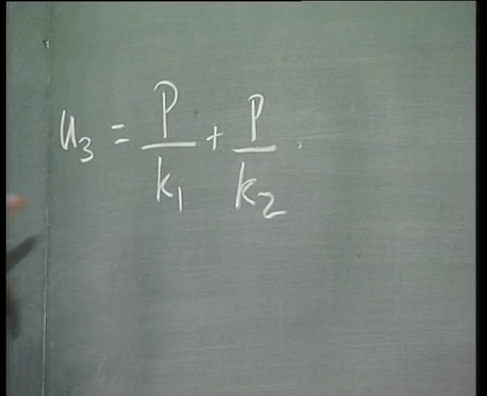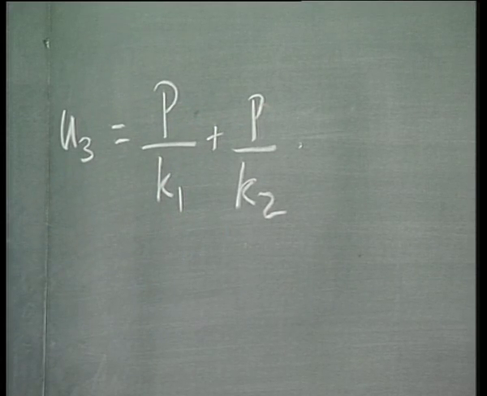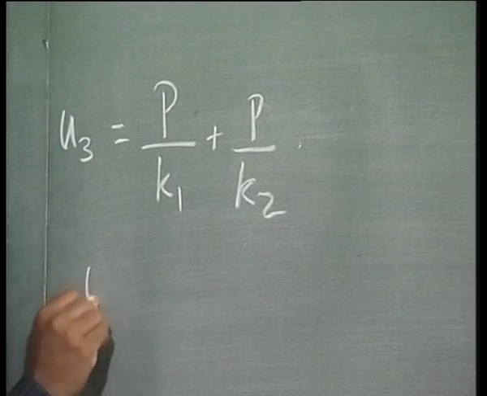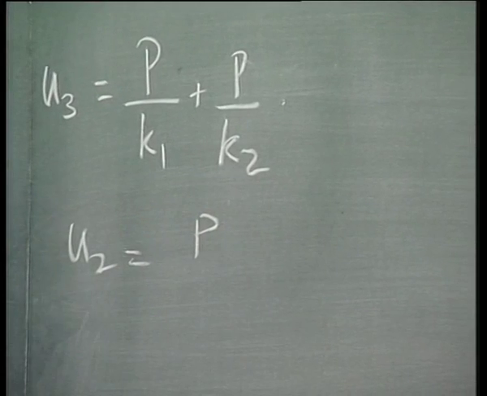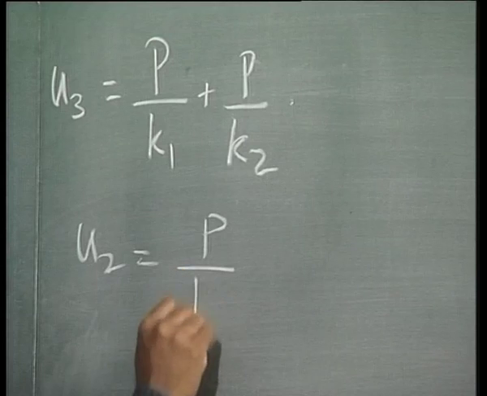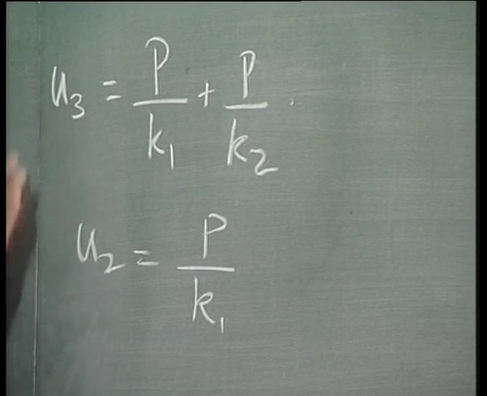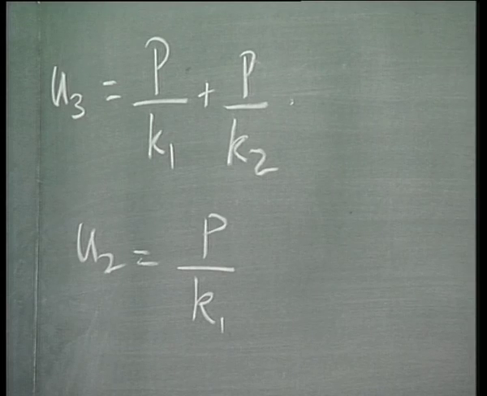And u2 can be written as P divided by k1. So we have found the displacements for this system.